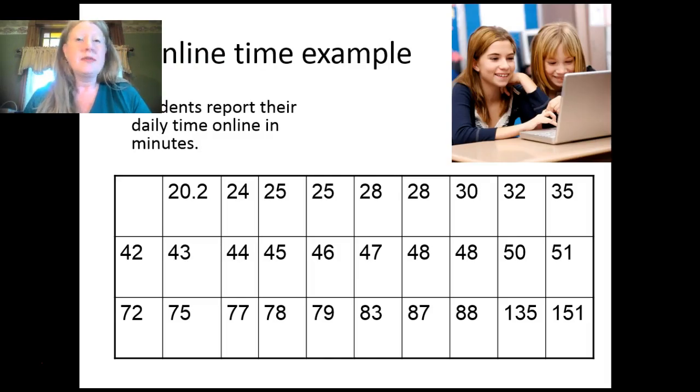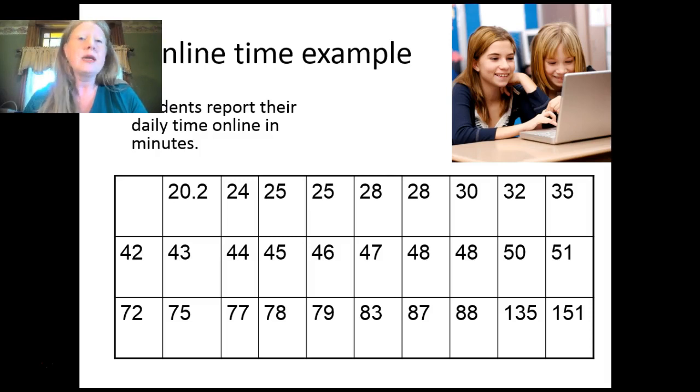Now I want to give you some practice. So we've learned a lot now, lots of different tools, lots of different values that we can compute, lots of different ways we can summarize a data set, and I want you to be able to practice this a little bit. So here's a data set. You might want to pause this, write down the values, or hopefully you've printed this out and you have these values in front of you.